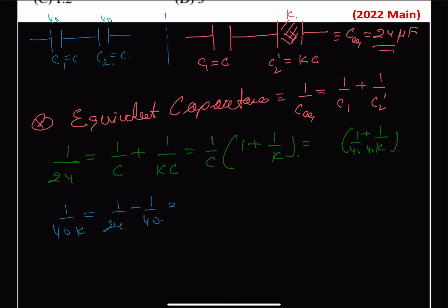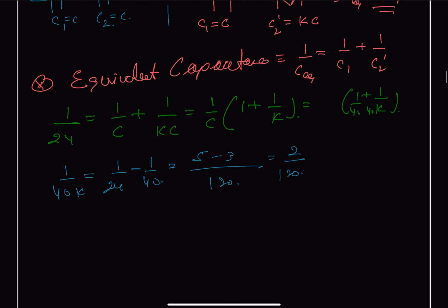LCM we can get as 120 and this comes as 5 minus 3, which is 2 by 120. Therefore, we can write that the value of K will be equal to 1 upon 40 multiplied by 120 divided by 2.